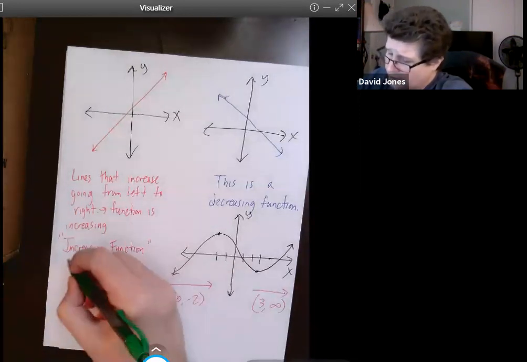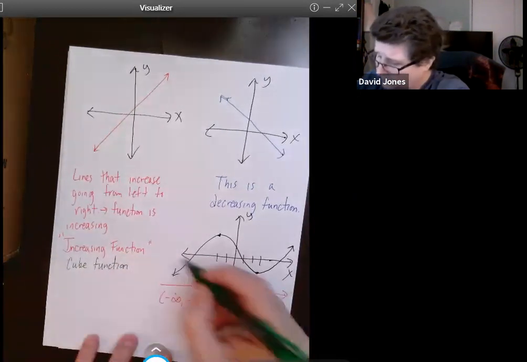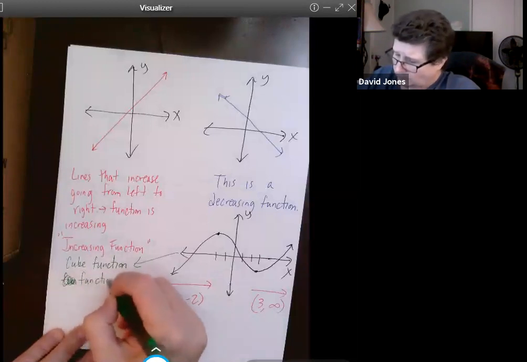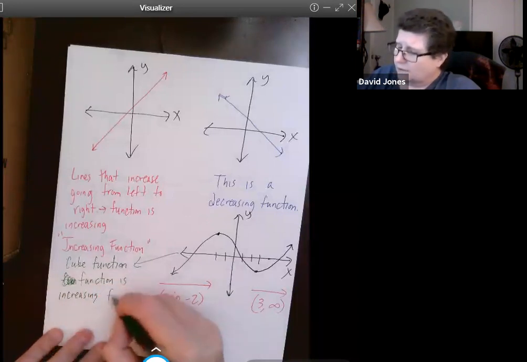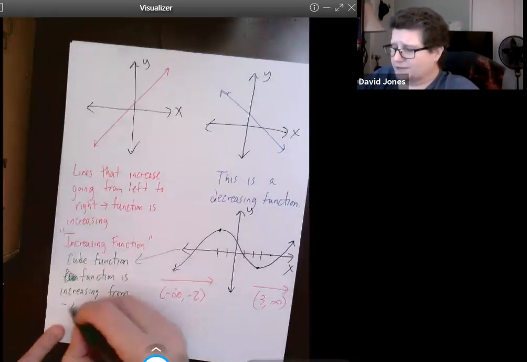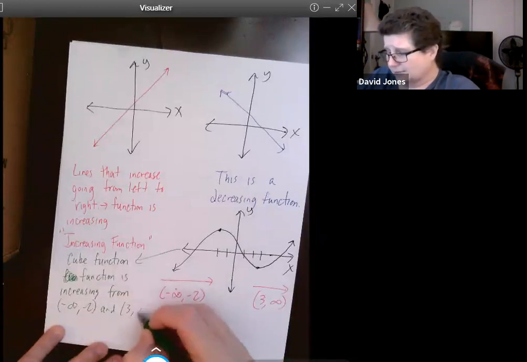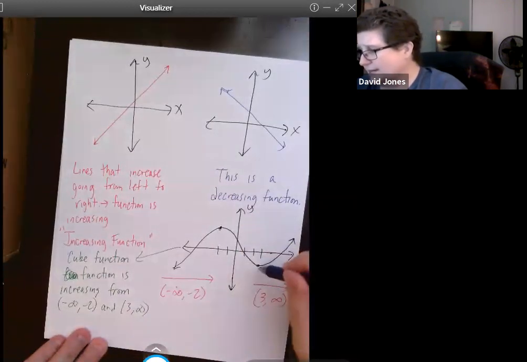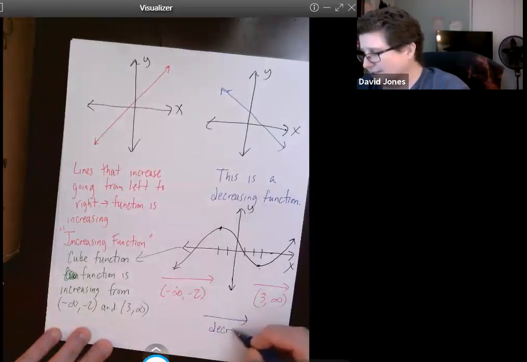So for our cubic function, the one drawn, the function is increasing from negative infinity to -2 and 3 to infinity. And from -2 down to 3, this region right here, it's decreasing. It's going downhill.